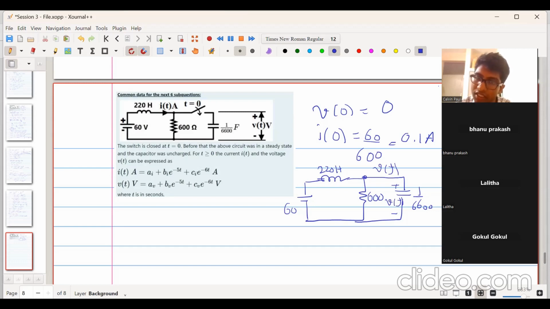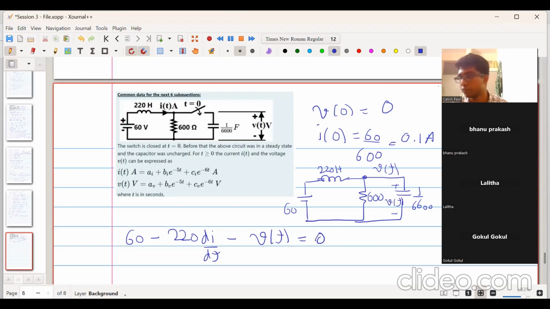So the voltage across the resistor at this terminal also is equal to the voltage across the capacitor, that is V of t. Now we will apply KVL. We get 60 minus L di by dt, that is 220 di upon dt, minus V of t, that is the voltage across the capacitor. Any doubts in that? That is what we got by KVL.